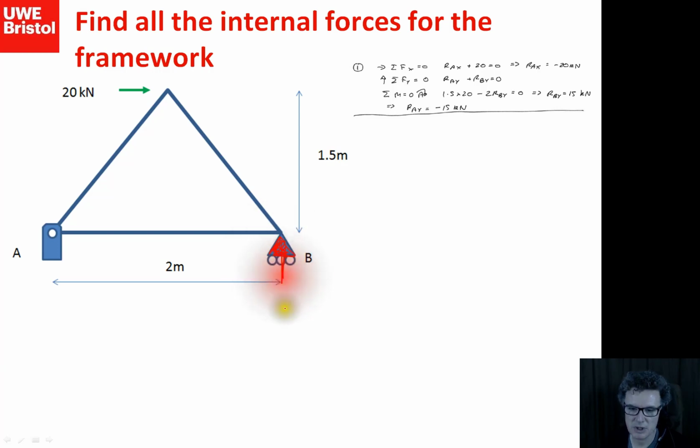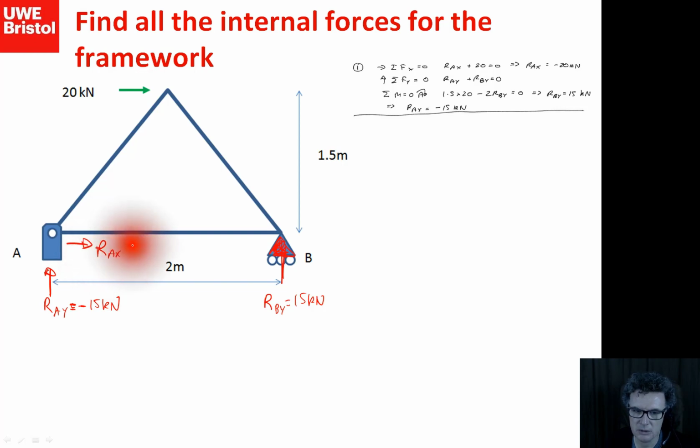So you previously paused your video and you found that RBY equals 15 kilonewtons, RAY equals minus 15 kilonewtons, and we've got RAX equals minus 20 kilonewtons.